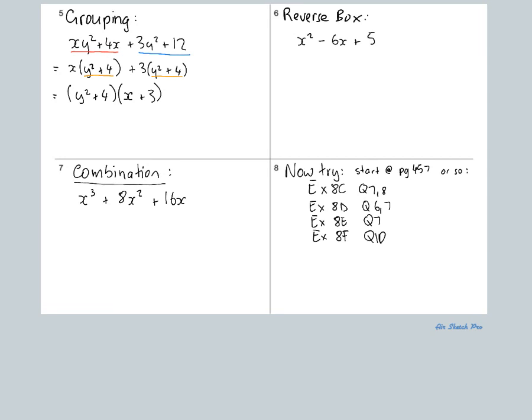So what I'm going to do on the left-hand side here in blue is just unpack that for a bit. So kind of what I'm doing is I'm getting a variable like a, and I'm saying let a equal y squared plus 4. We can do that. So we're just wrapping up y squared plus 4 into a single variable called a, which means that this line here would be x times a plus 3 times a. Okay.